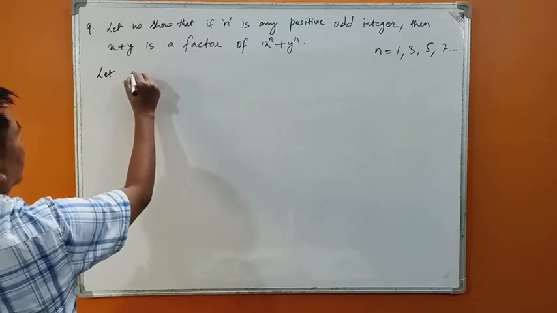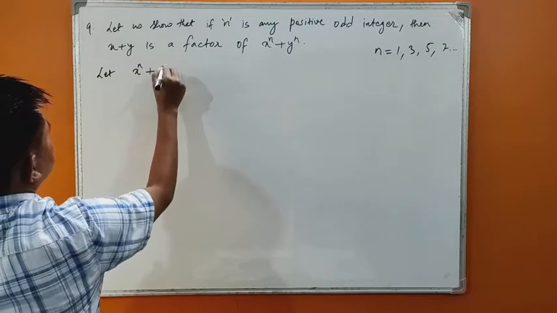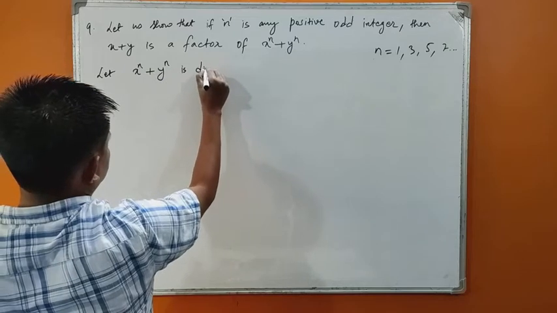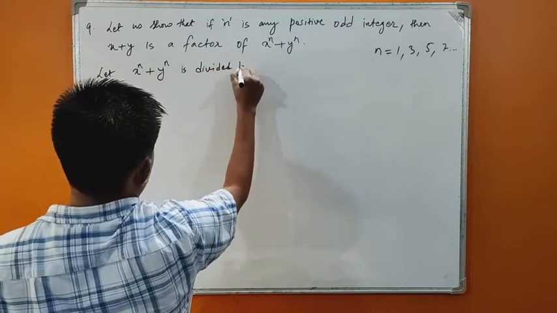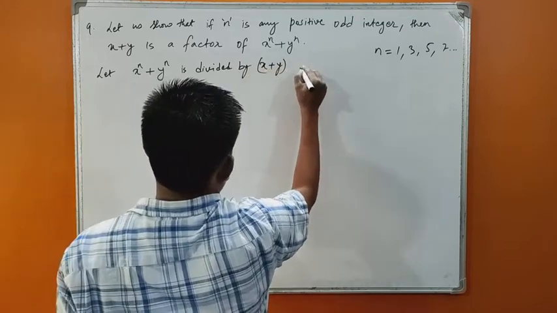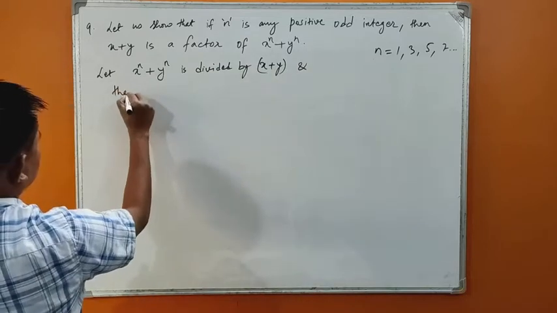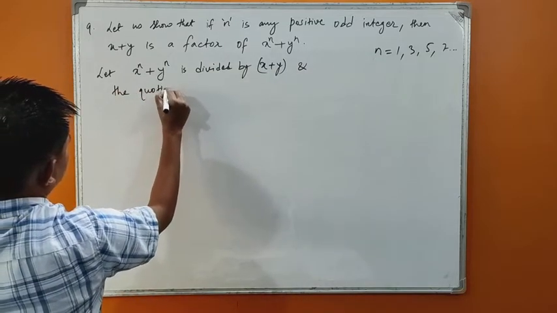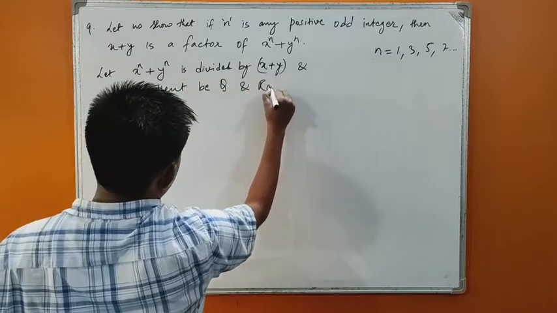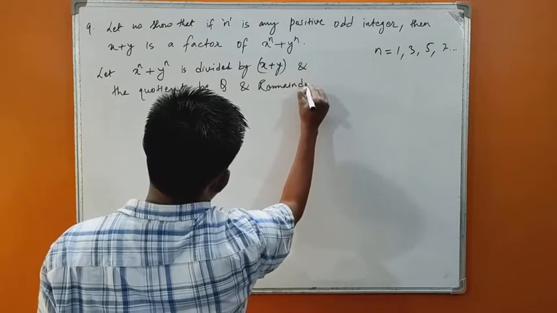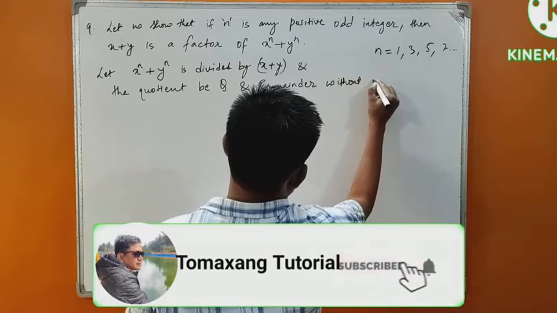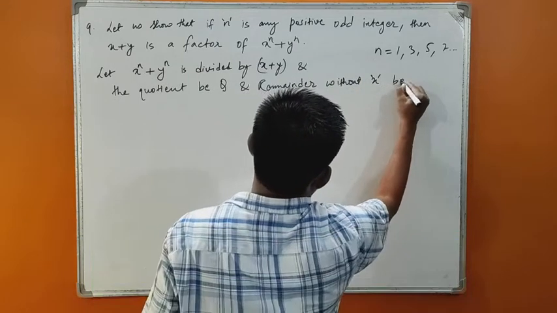Let x to the power n plus y to the power n be divided by x plus y, and let the quotient be q, and the remainder without x be r.